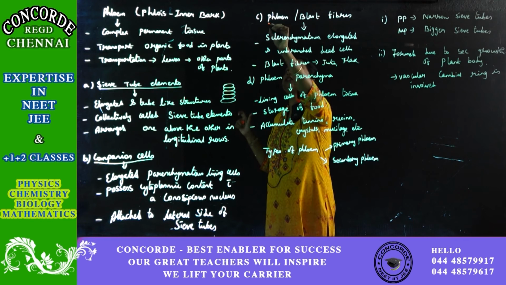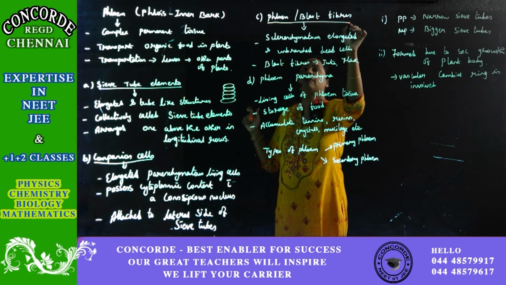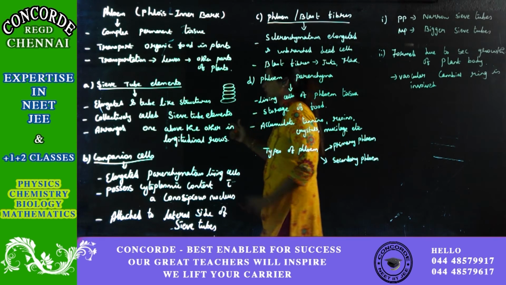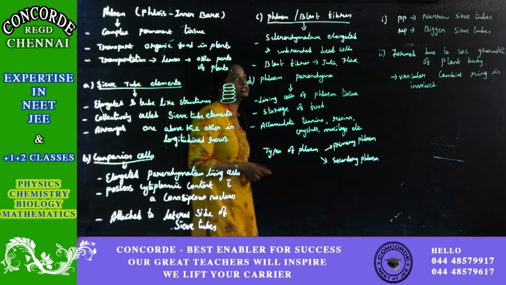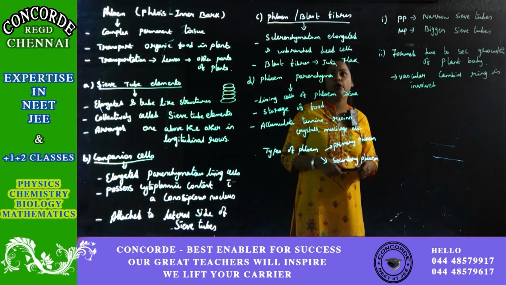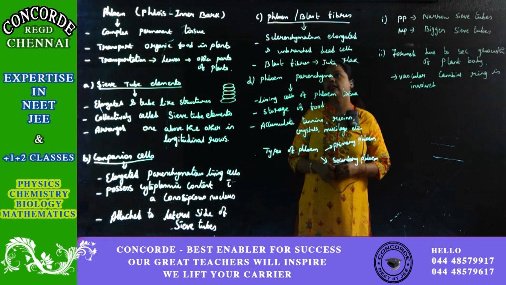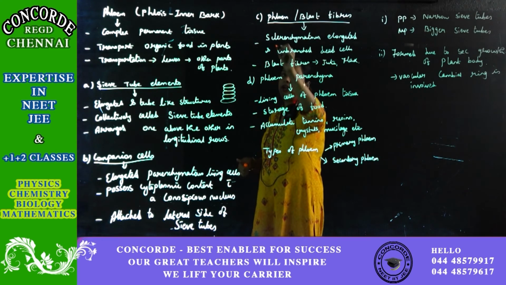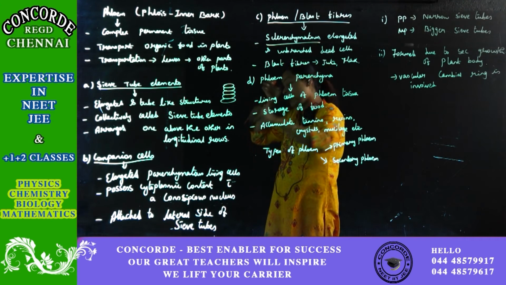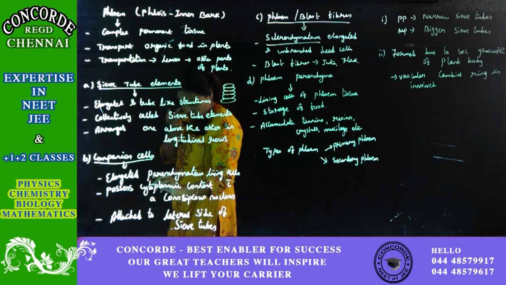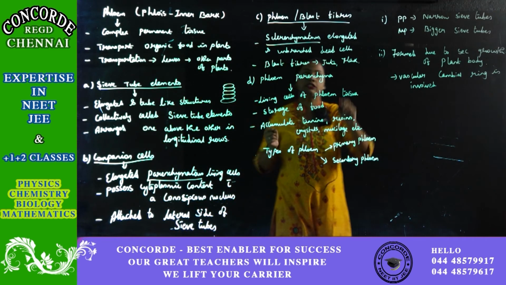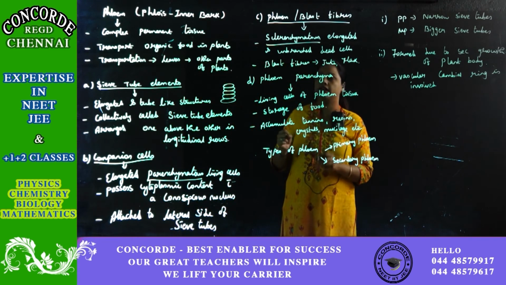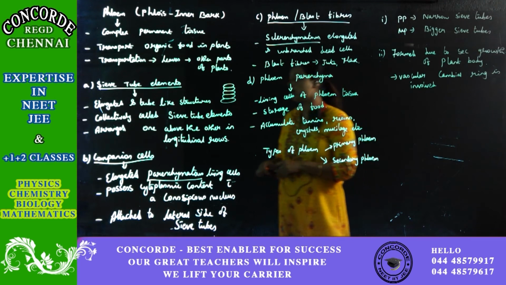Third one is phloem or bast fibers. I have already told you that the inner bark is also called bast. In bast fibers, it is made up of sclerenchymatous cells, whereas companion cells are made up of parenchymatous cells.